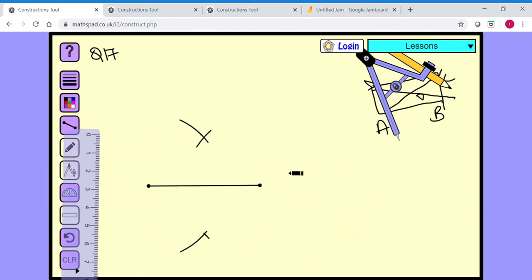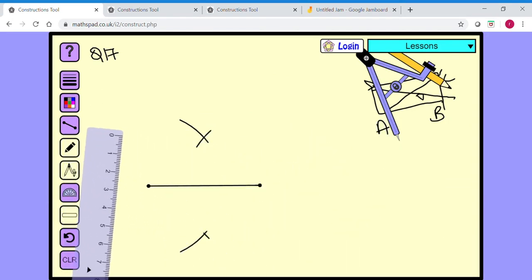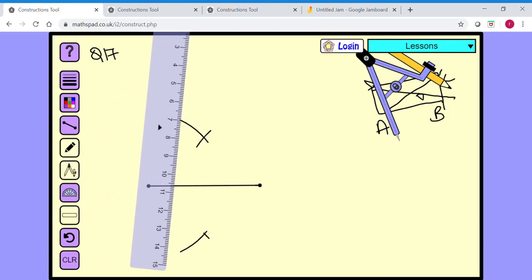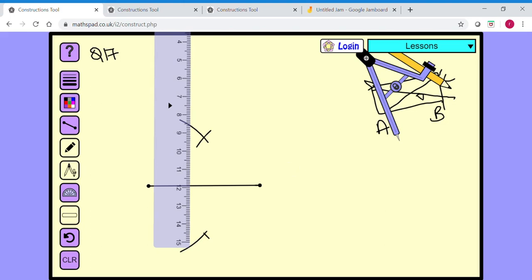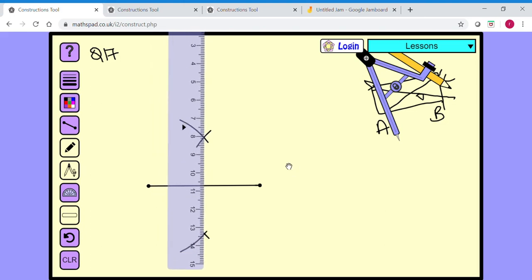Now since this is not required, I will have to join using a dotted line. So dotted line would mean I have to draw a dotted line using a scale. I think almost done. Yes, almost done. I will join using a dotted line.